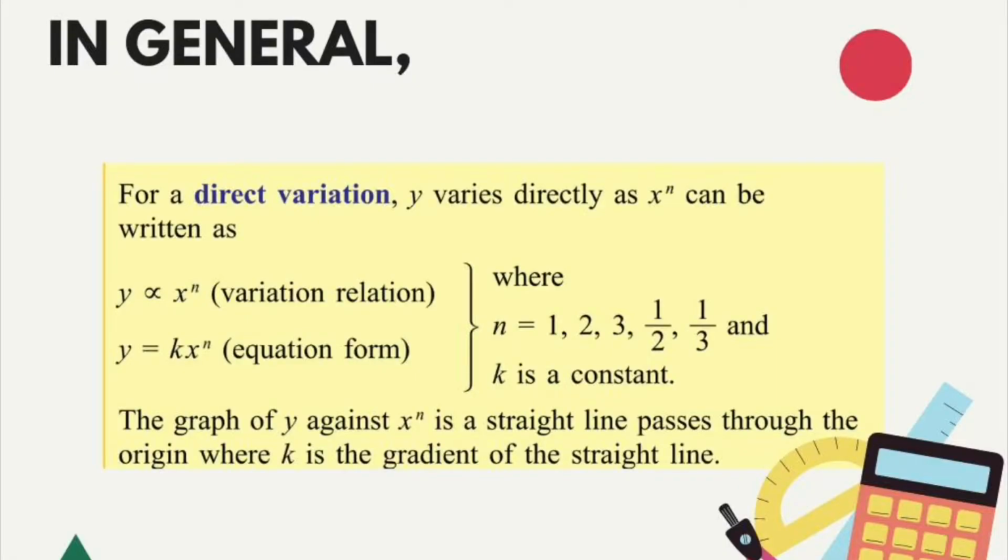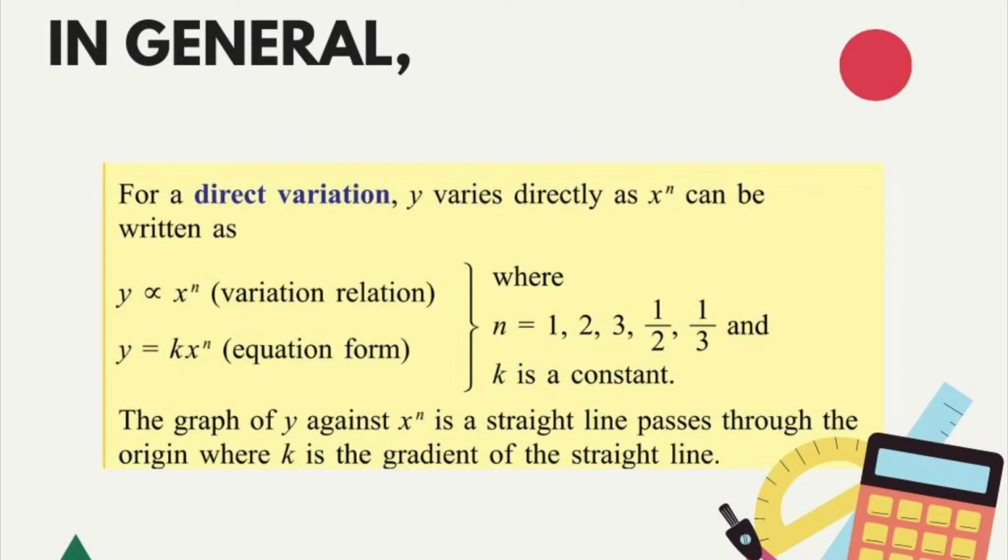In direct variation, y varies directly as x, and it can be written in two forms: the first one is the variation relation and the second one is the equation form. In variation relation, you have to use the symbol ∝, y ∝ x.